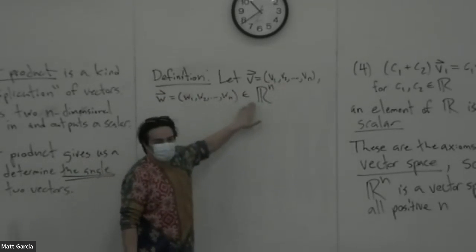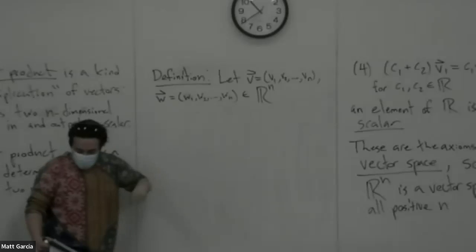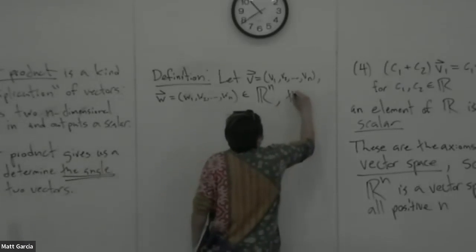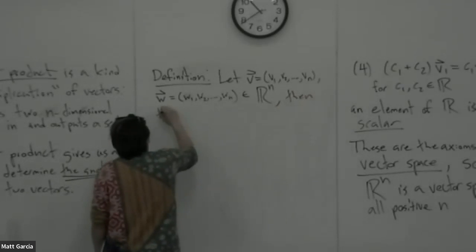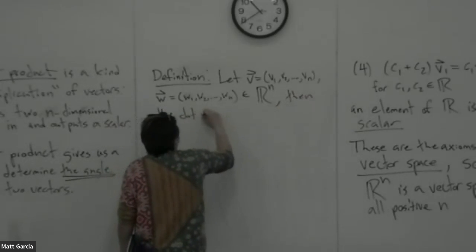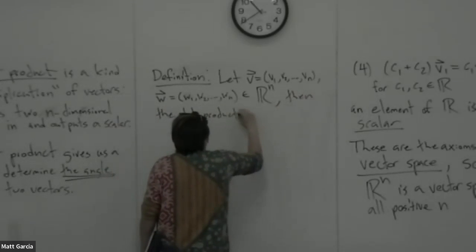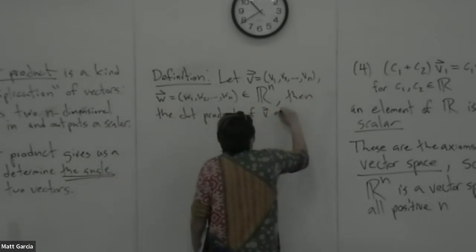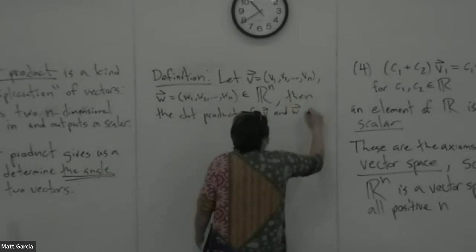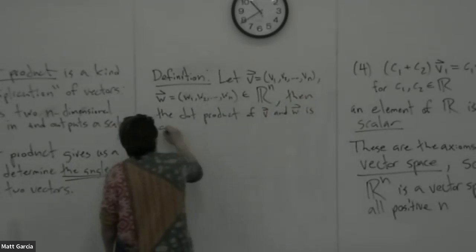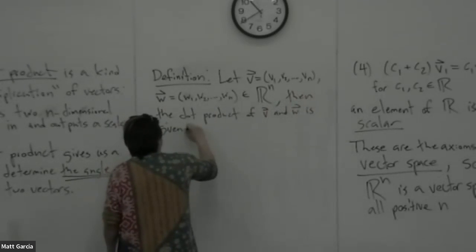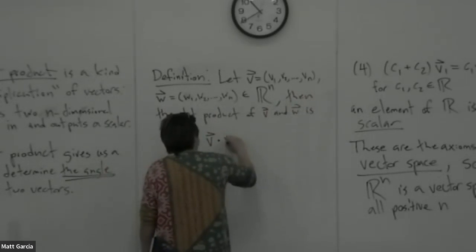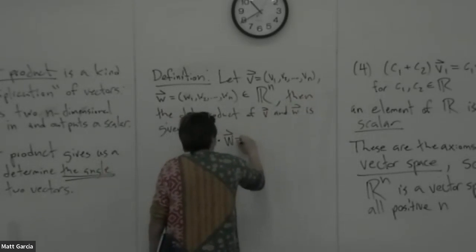That's why you become comfortable with this notation. Then the dot product, excuse me, v and w, is given as v dot w.